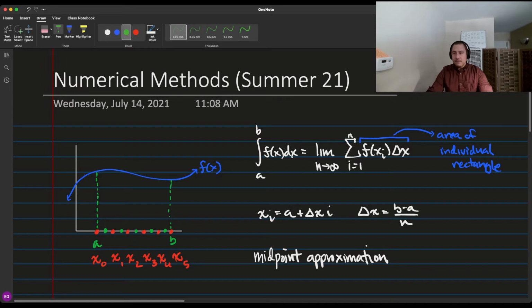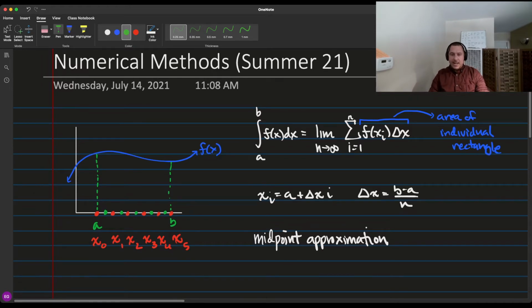Instead of calling that xi, I think the book calls it mi. So mi is the midpoint. Like for instance, this m1, do we start at 1 or at 0? We start at 1. So the first midpoint is the average of x0 and x1.